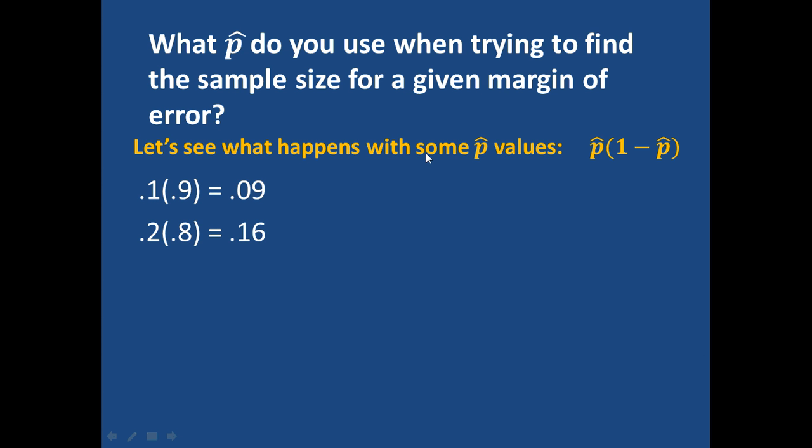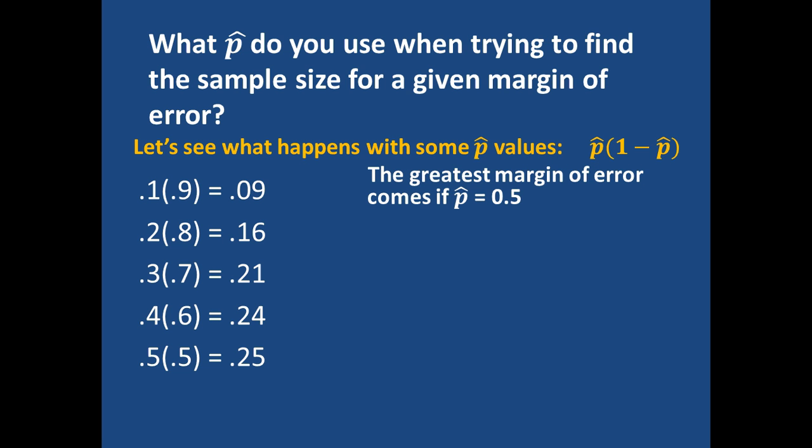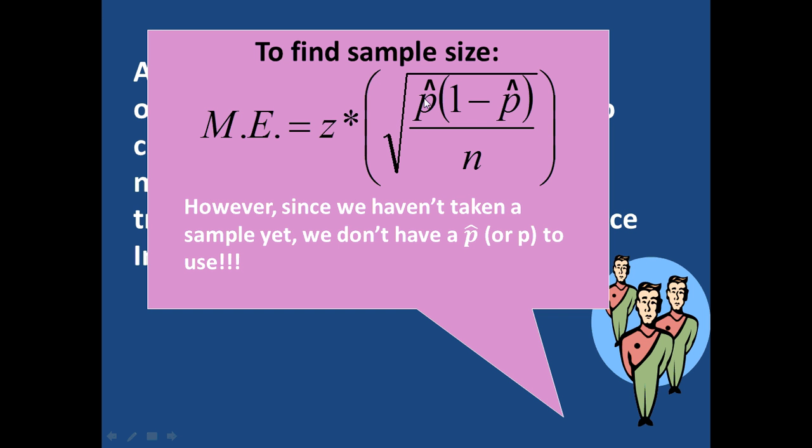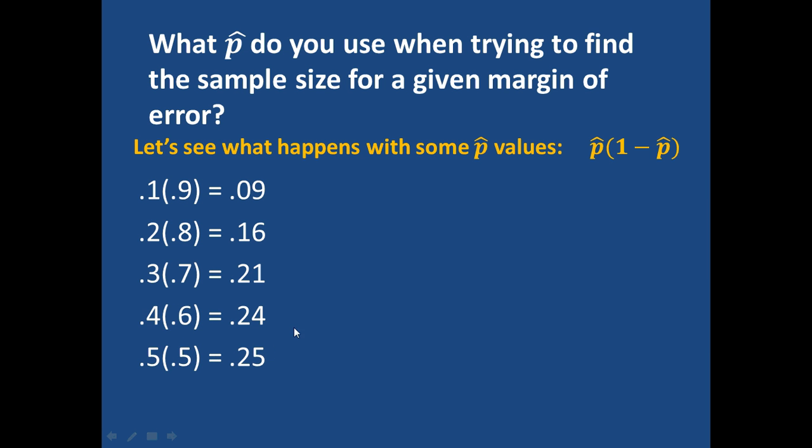What if it was 0.2 and 0.8? What if p hat was 0.3 times 0.7? What ends up happening is the highest this numerator could ever be is if p hat was 0.5. 0.5 times 0.5 is the biggest that numerator will be.